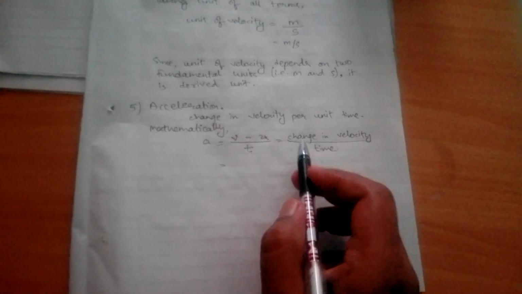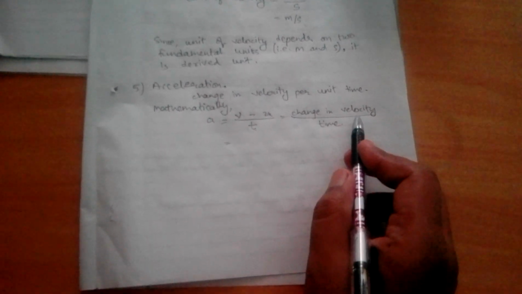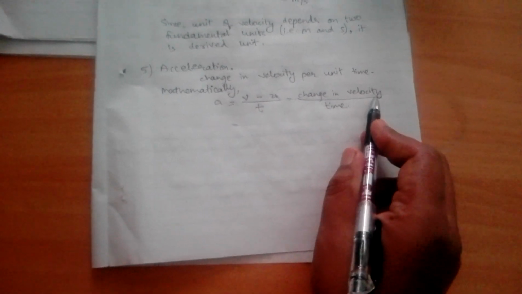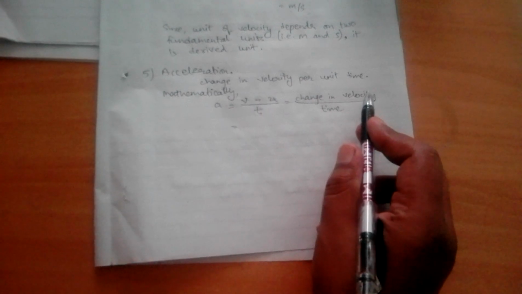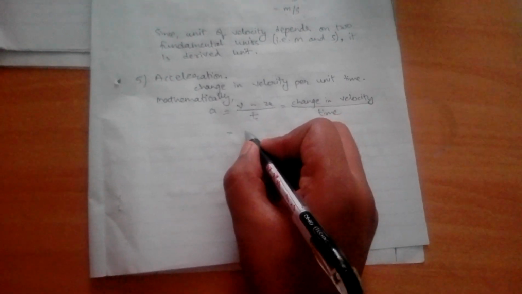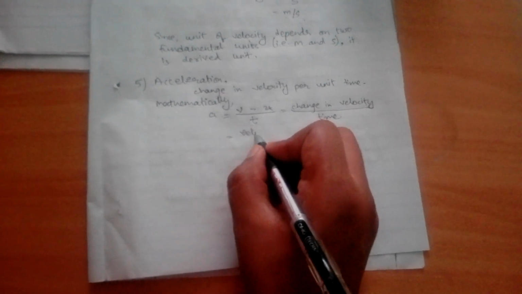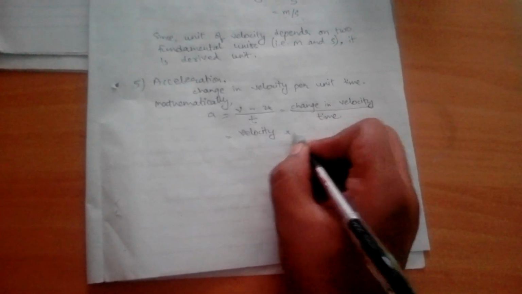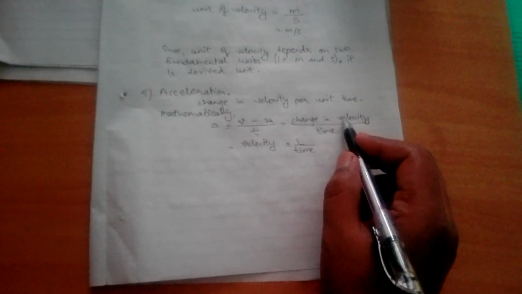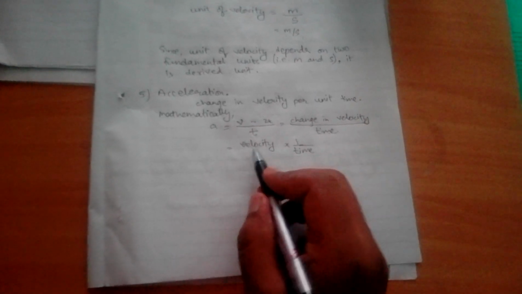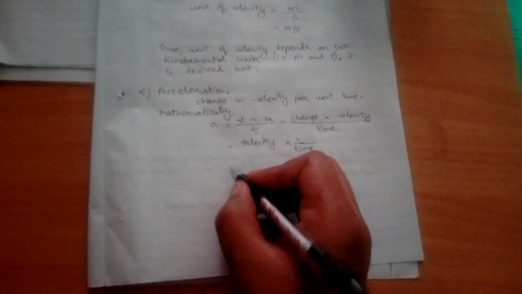Since velocity is a derived quantity, we need to reduce this term to fundamental quantities as well. I'll write it like this for simplicity: velocity into 1 upon time. It will make it simpler.